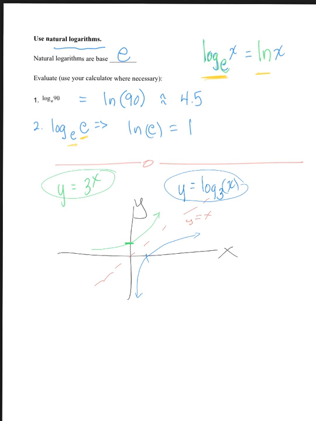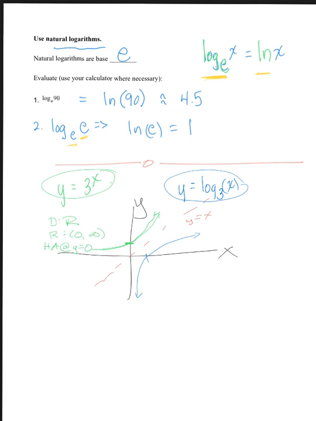If I first discuss the domain of this original parent exponential function, the domain would be all real numbers. The range would be 0 to infinity. The horizontal asymptote would be at y equals 0.